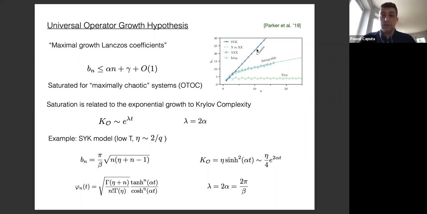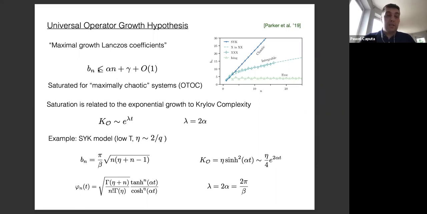But when the model is really chaotic in some precise sense, then these Lanczos coefficients grow linearly with n with some characteristic coefficient alpha. And also there is a constant piece gamma and some order 1 terms. There are some modifications to these laws in very low dimensions, but this will not be so important for us.